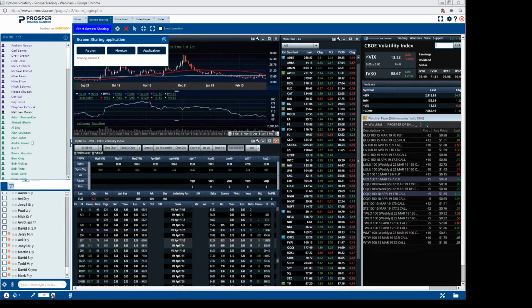Okay, now, if 15 and a half is the at the money, if that's where it's trading, then that is where I have to look to see what the expected move is. Does that make sense?